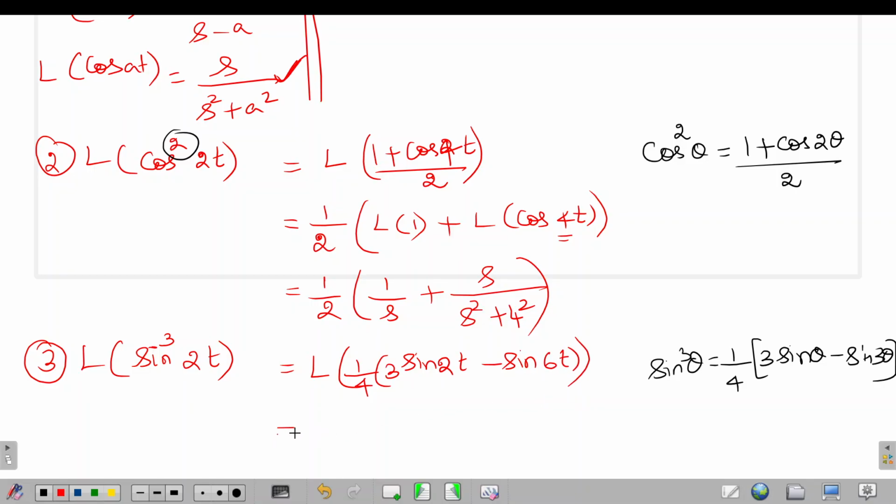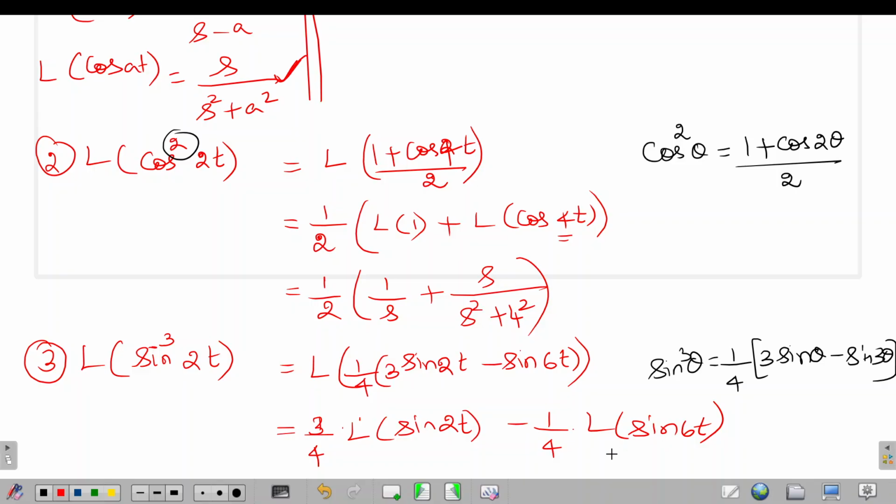Taking the constant outside, we can take the 3 also outside: 3 by 4 into the Laplace transform of sine 2t minus 1 by 4 into the Laplace transform of sine 6t.